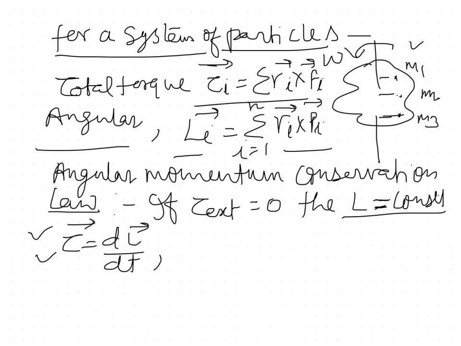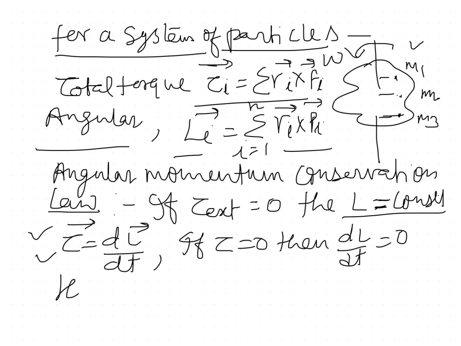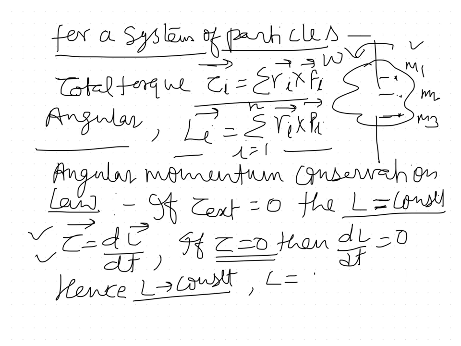So if tau is equal to 0, then dL over dt is also equal to 0, and hence L remains constant. This means angular momentum always remains conserved in the absence of external torque. This L can also be written equal to I omega. So I omega remains constant.